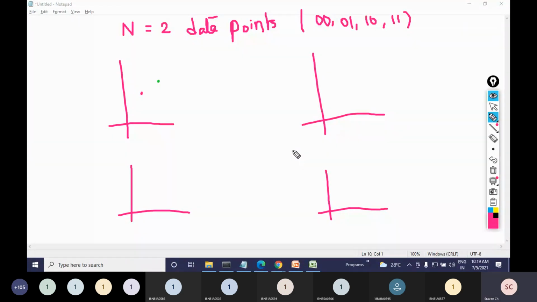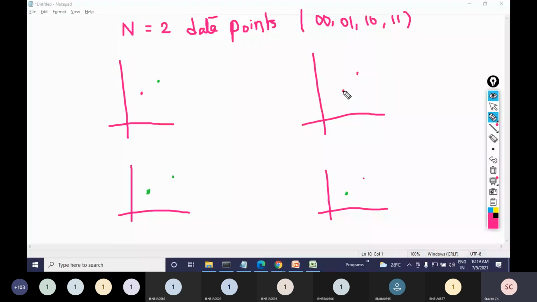One green, one pink; another combination, this one is pink and this one is green; another combination, both are green; another combination, both are pink, right? So now my point is, can I classify them with a simple line?